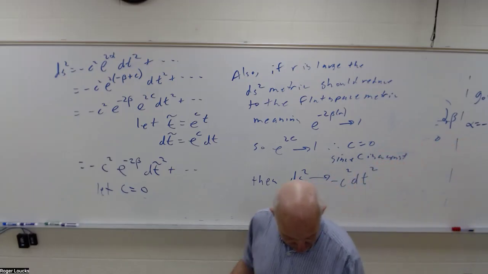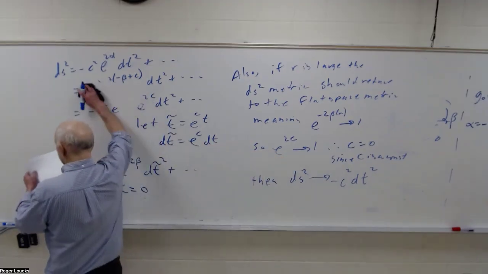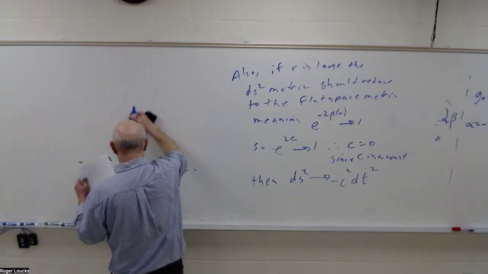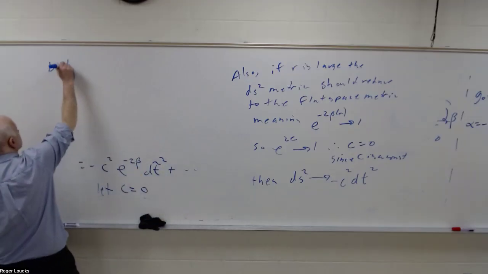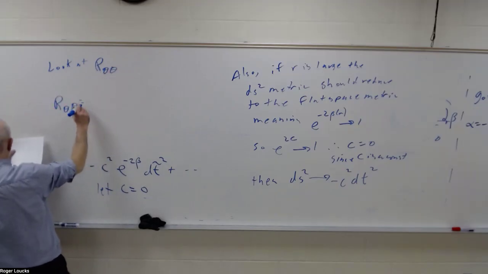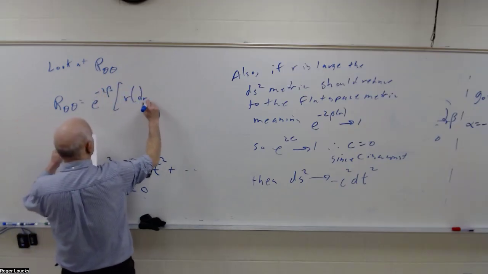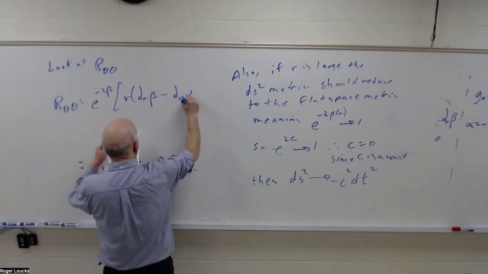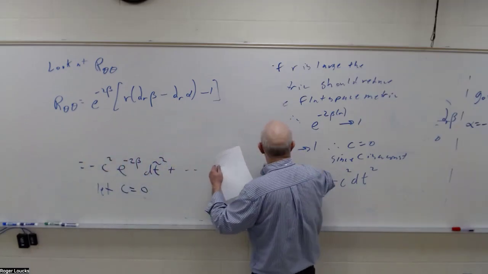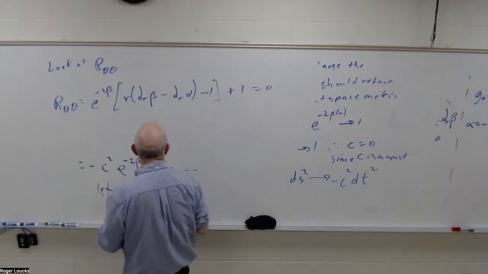Okay, now let's look at R theta theta. It's R theta theta: e to the minus 2 beta, R partial R beta minus partial R alpha, minus 1, plus 1, that has to equal 0.